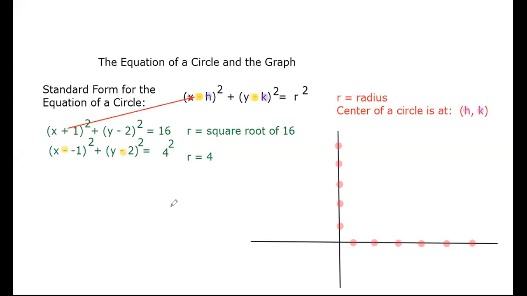Now you can see what h is. So what is your h and your k? What is the center of the circle? It's -1, 2. When you have a negative coordinate on the center of your circle, and you simplify the equation for the circle, it shows up as a plus sign.